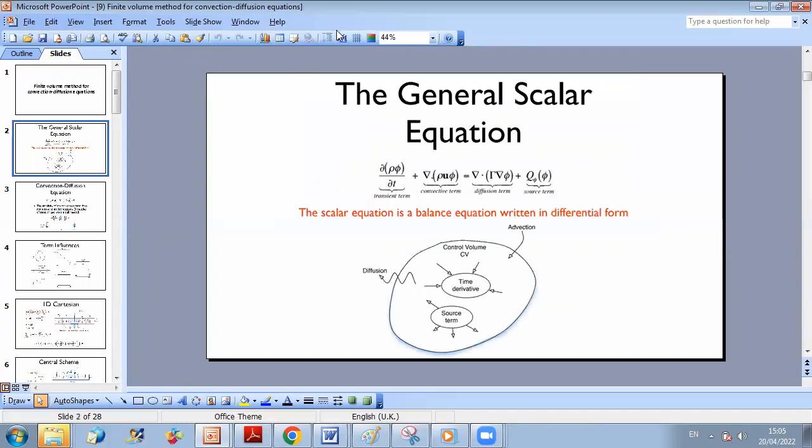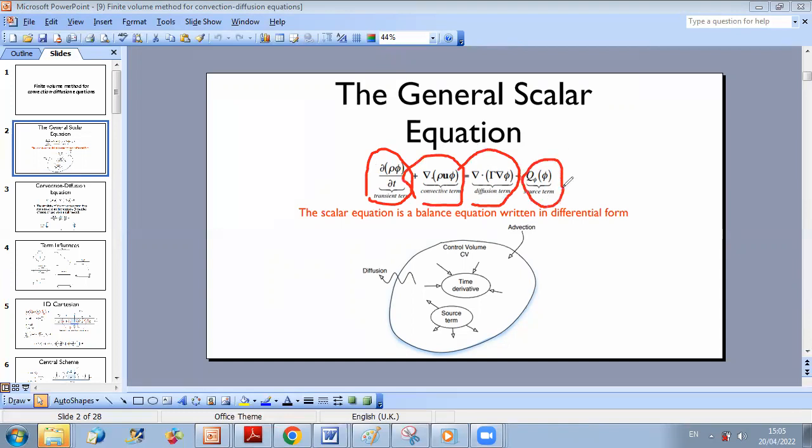So always the first step to start with is to write the general equation. And then we start to simplify terms as we did together before. If you take the most general equation, you have the transient term, the convective term, the diffusion term, and the source term.